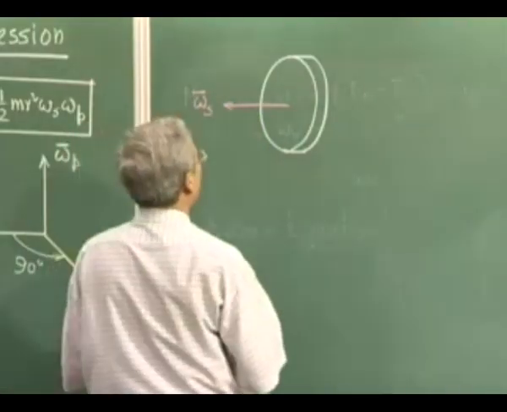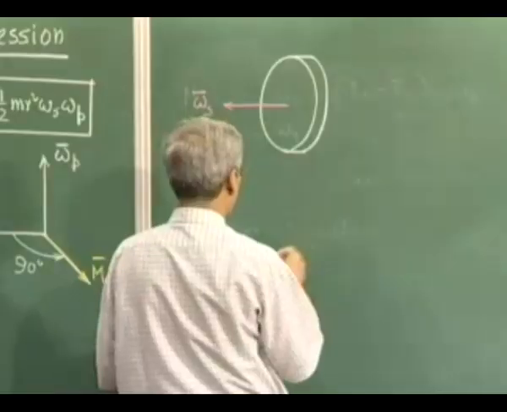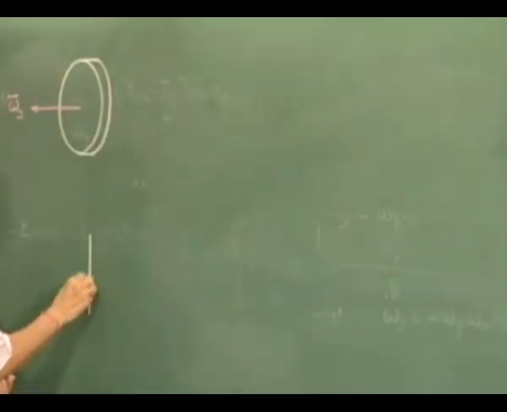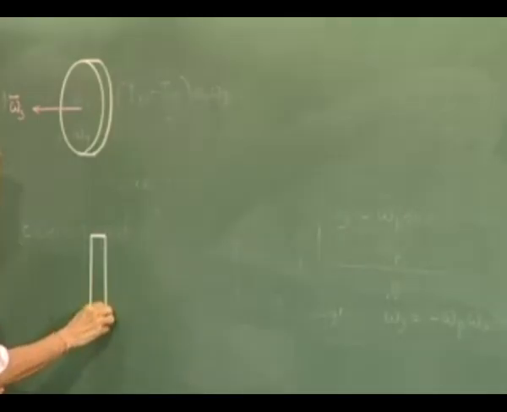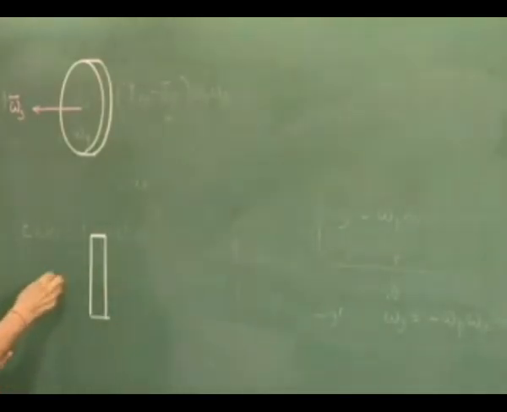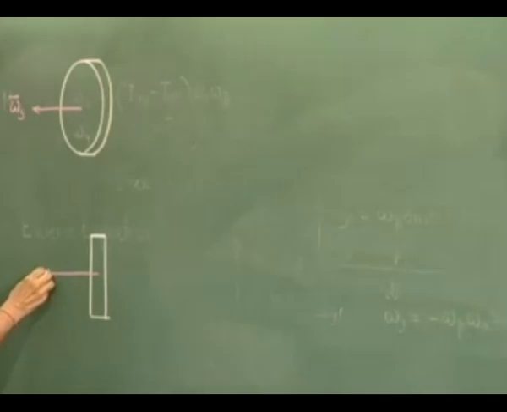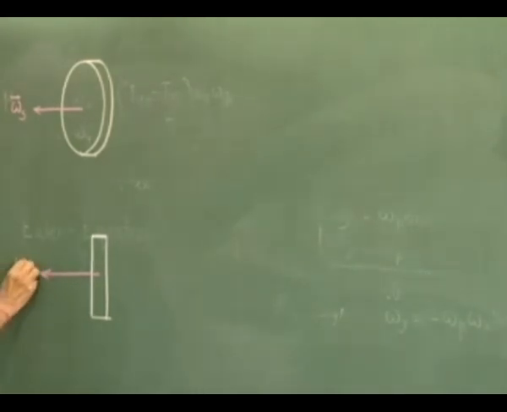And if that is so, if you take a plan view, you can show this as the disk, and this is the spin vector.